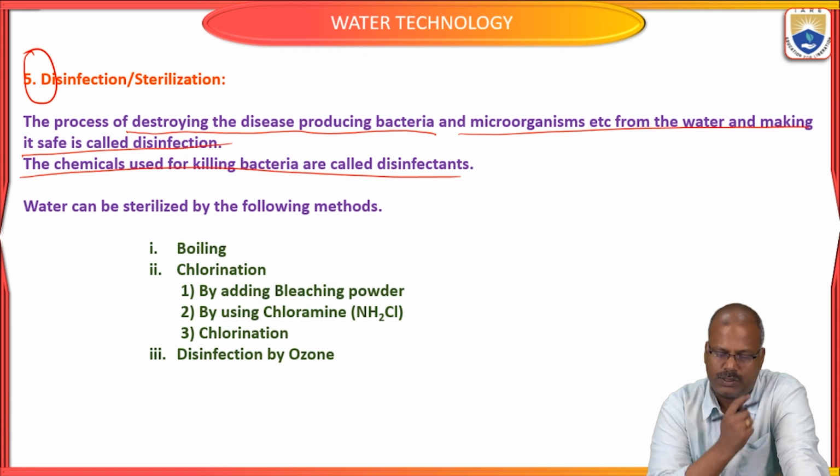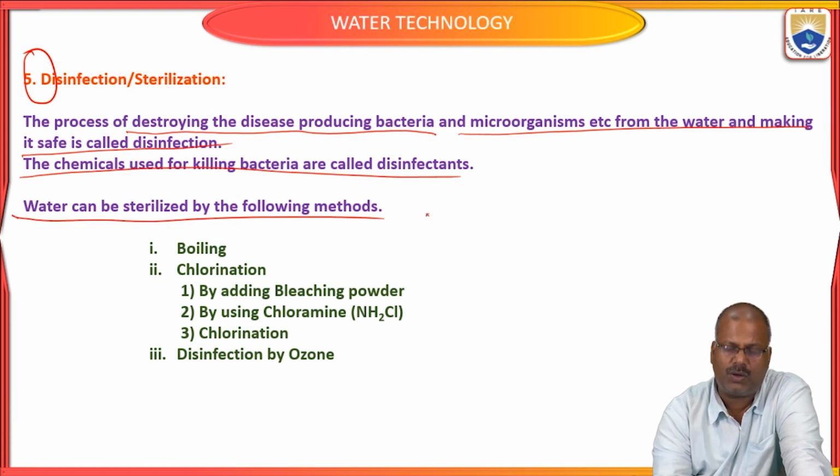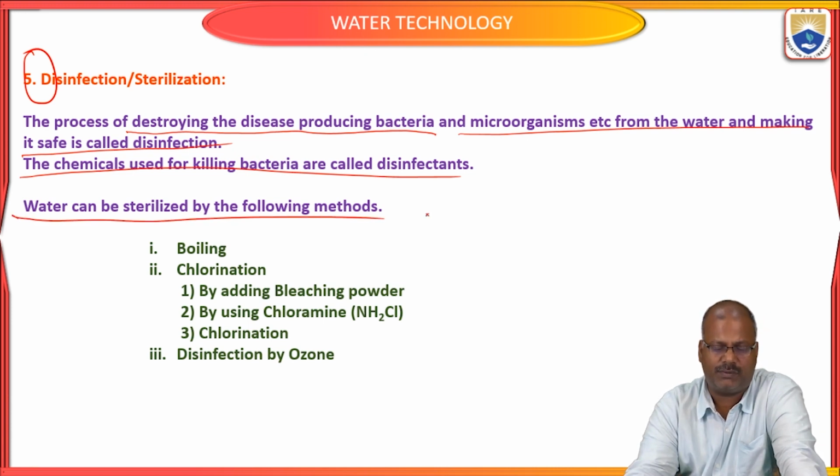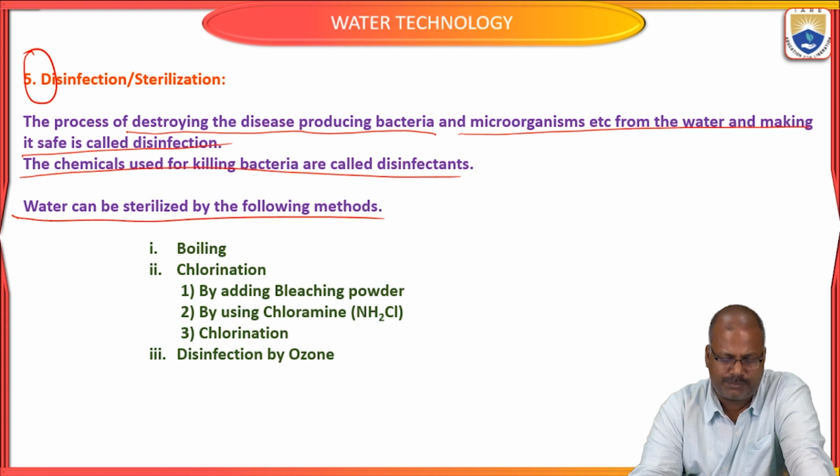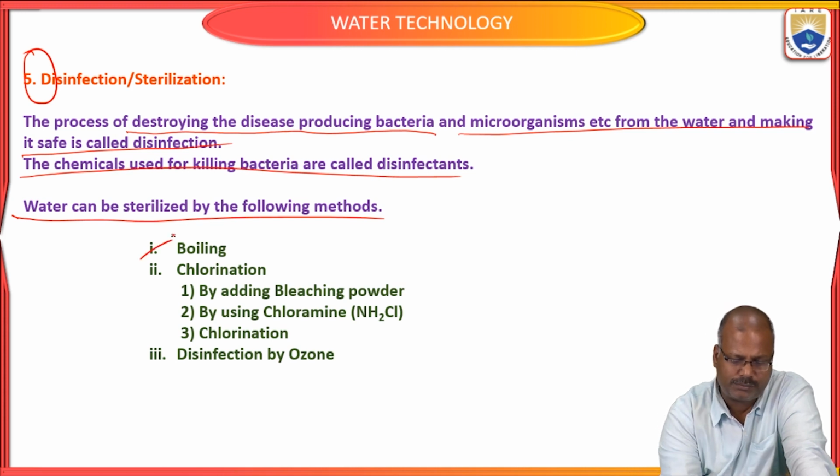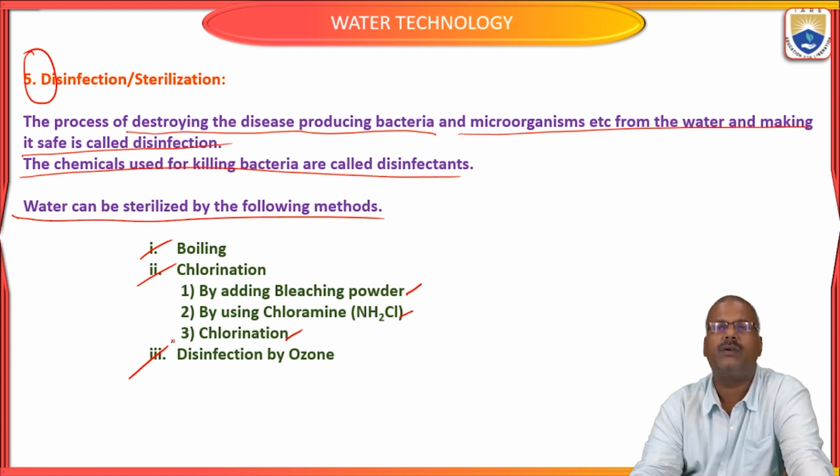So water can be sterilized or disinfected by boiling, chlorination. In chlorination, by adding bleaching powder, chloramine and direct chlorination, and also by ozone.